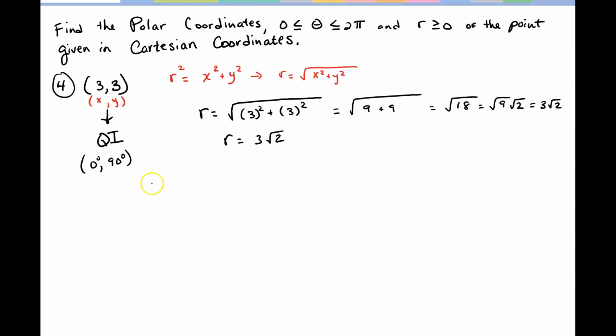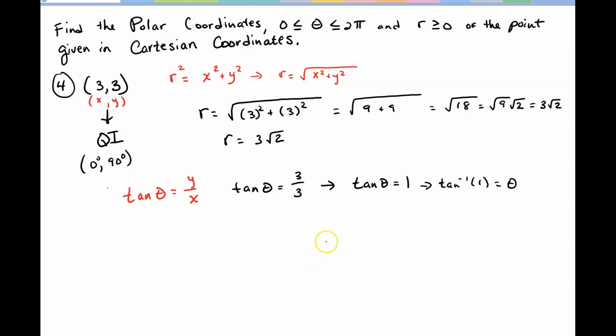All right. Now, the next thing that I note is that I'm going to use the formula that says tangent of theta is y divided by x. So knowing this, what's the tangent of theta if it equals 3 divided by 3? Then tangent theta equals 1. Since the tangent of theta equals 1, I can take the inverse tangent of 1 to get theta.